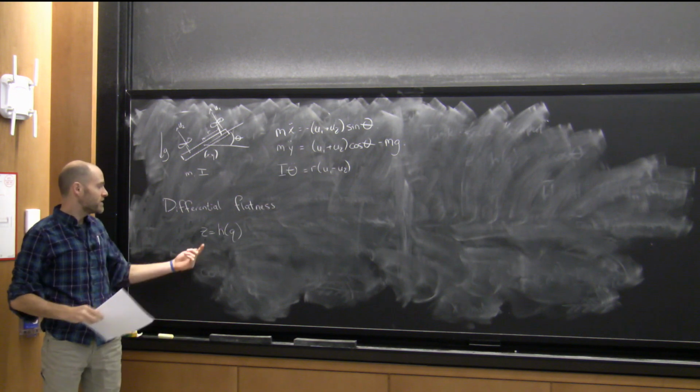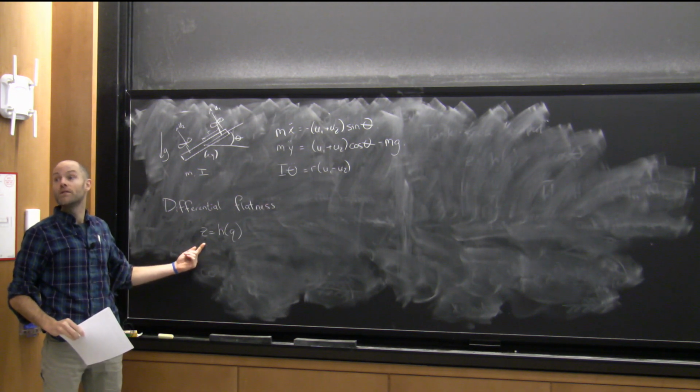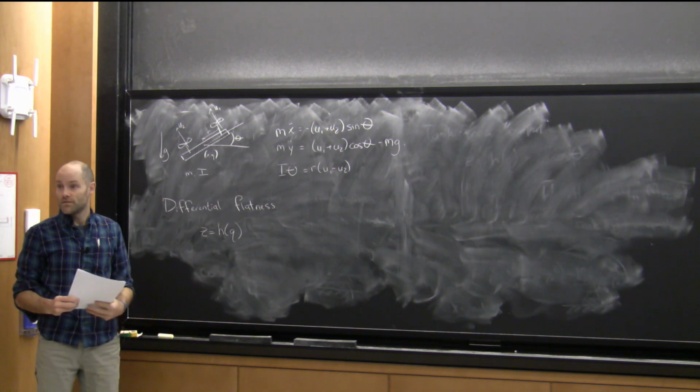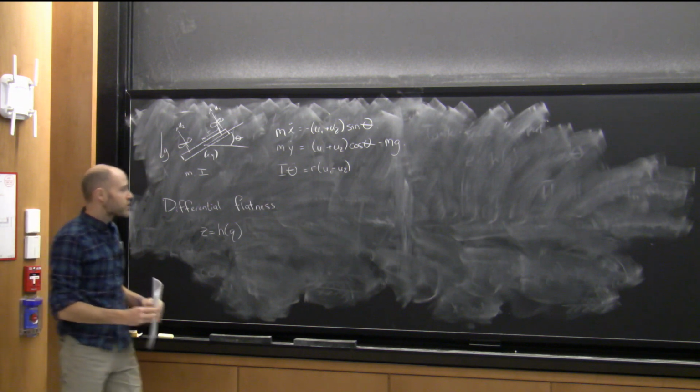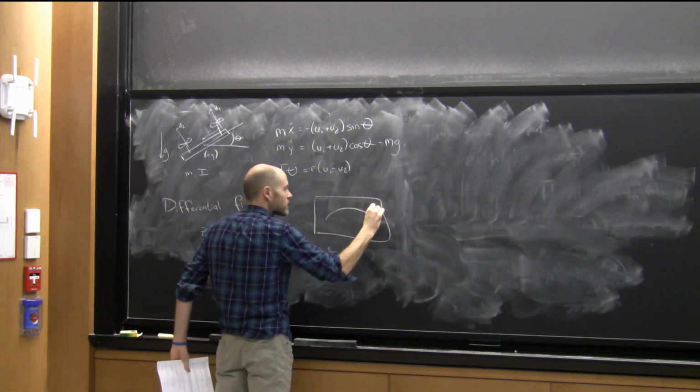That u is completely defined, and even the other degrees of freedom that were not directly implied by z are completely defined.